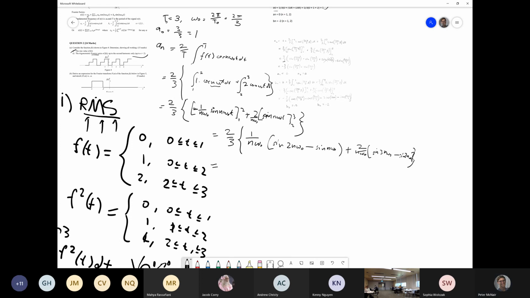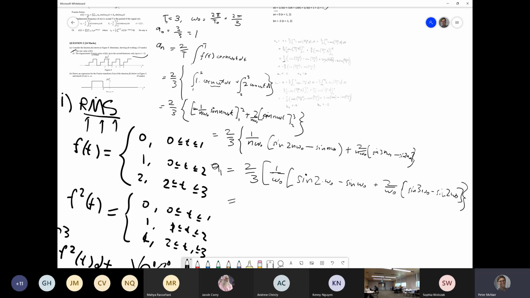So A1 is equal to 2/3 of 1 on n, well, n is 1, so just 1 on omega naught into sine of 2 times omega naught minus sine of omega naught, plus 2 on omega naught into sine of 3 omega naught minus sine of 2 omega naught.